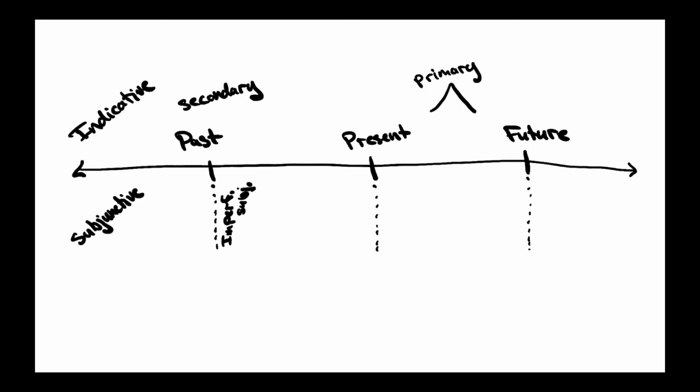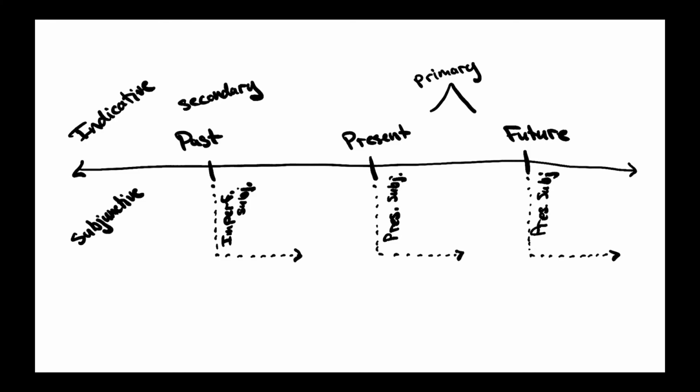For my present and future, I have to use the present subjunctive. And that's for contemporaneous action. That's also for subsequent action. So it can be happening at the same time or will be happening.